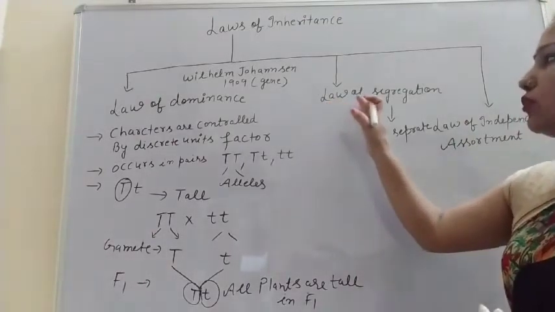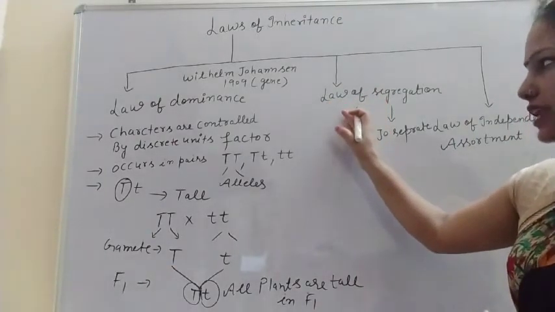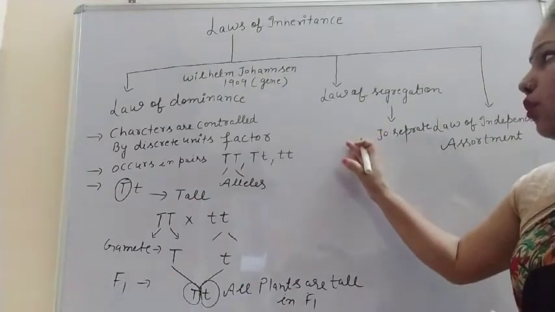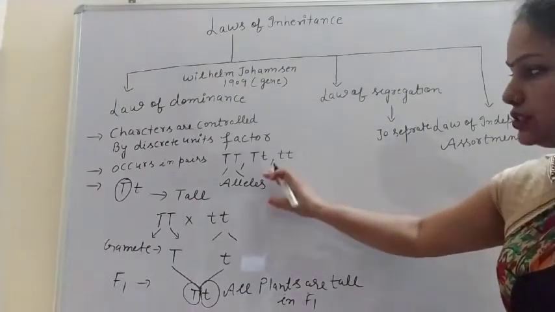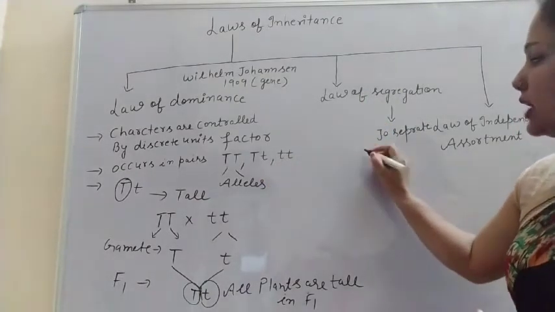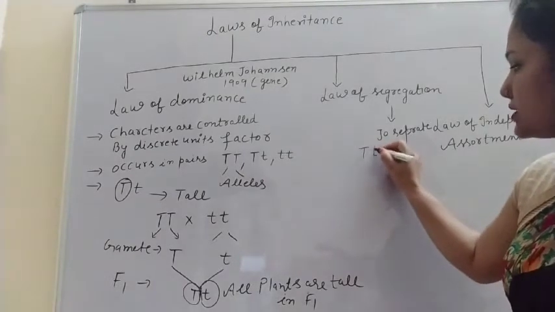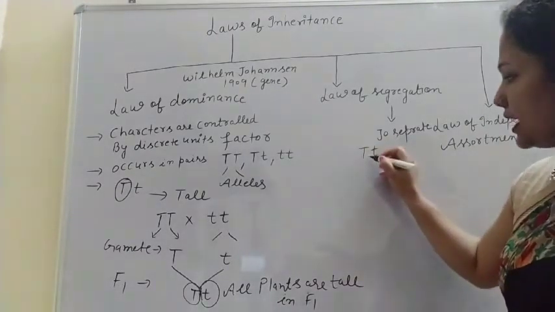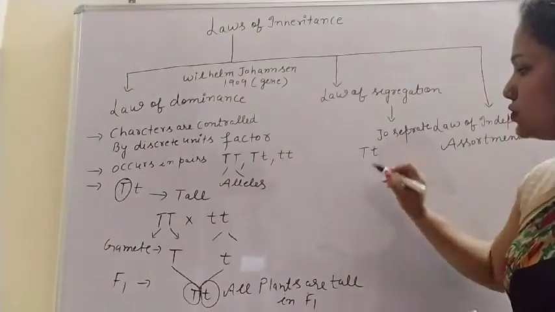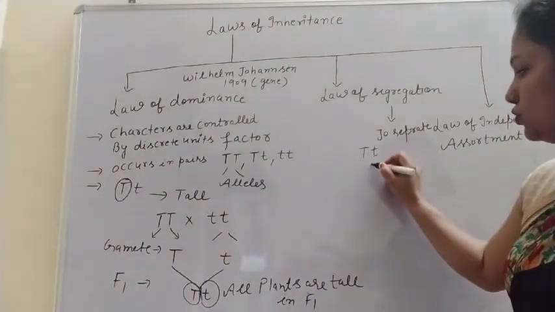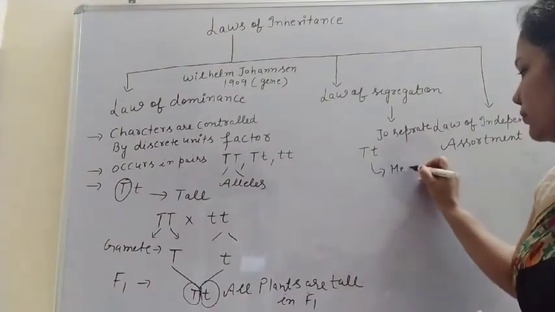And what is the meaning of this law? This law states that there is no blending of the genes. Why? If I am writing here capital T, small t, so we can say that capital T is also here, small t is also here. So the plant height should be medium.